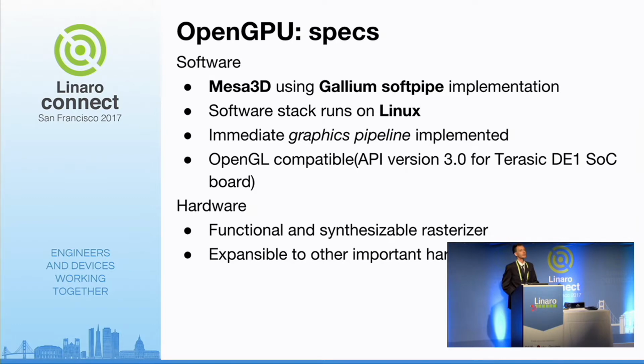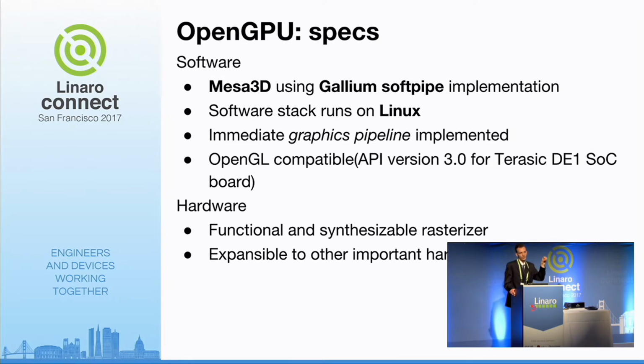And the hardware part, we have a functional and synthesizable rasterizer. It is very simple for those who know the graphics pipeline. It is a small part, but it is important, and it is fixed. It doesn't depend on shaders or processing in real time.